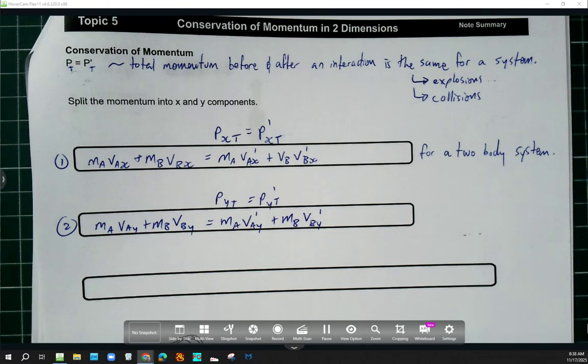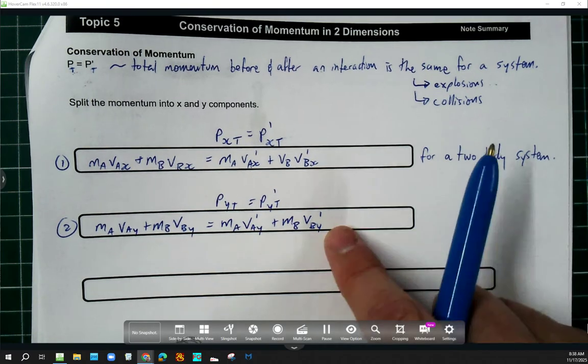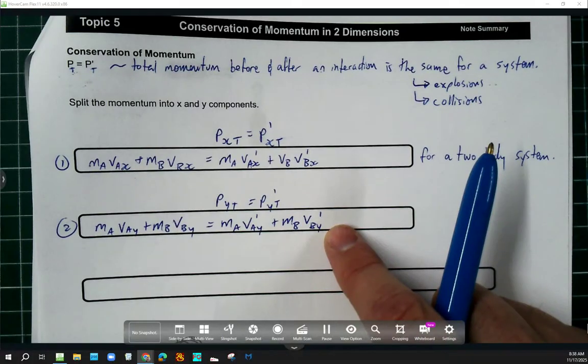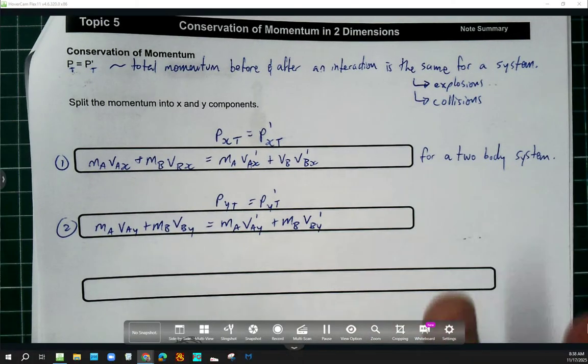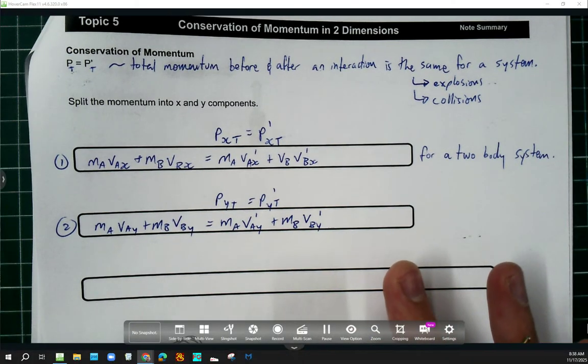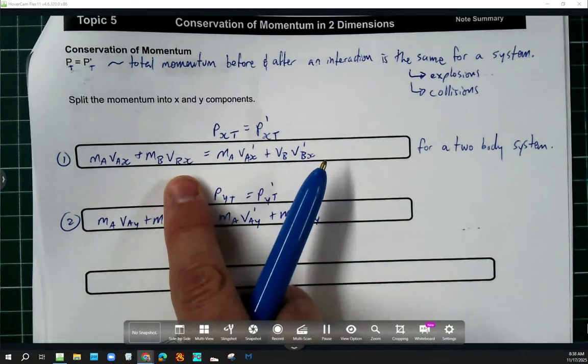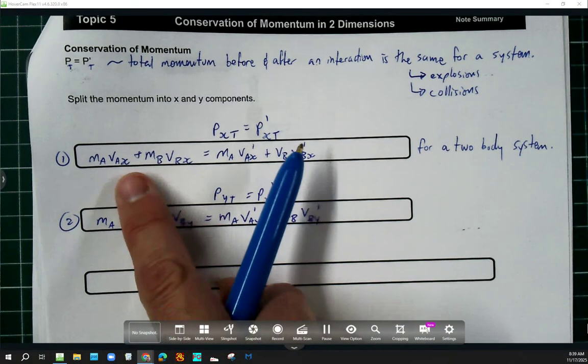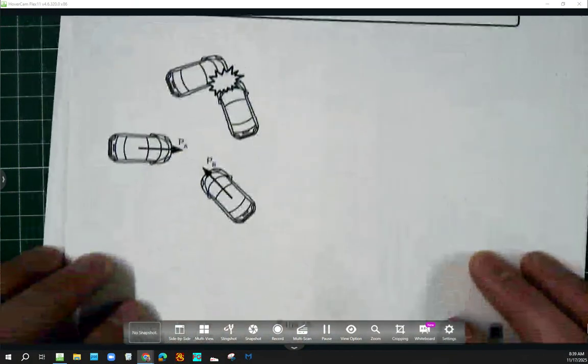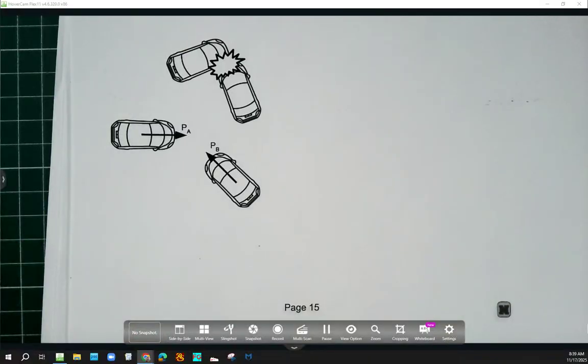The nice thing about that is that both of these equations, if you take a quick look, are linear. The thing that's unfortunate, and we'll get to it as things come along, is that if they were talking about VBX and VAX, look at this, I've got a car crash at the bottom of the page. Can you imagine that embedded in that VAX and that VBX is probably a cosine theta or a sine theta or something like that?